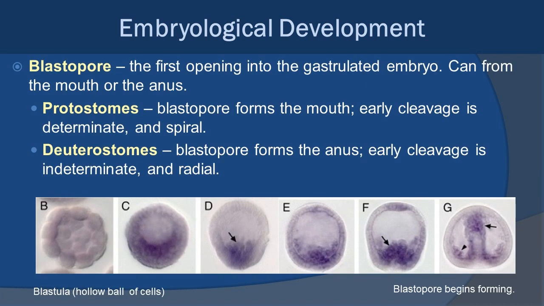Now we'll dive in just a little bit deeper. Let's label out a few things. The term blastopore refers to that first opening as the ball of cells invaginates and the tissue layers begin to form. That hole enters into kind of a hollowed out area within the ball of cells that eventually becomes the digestive tract. So that hole is a blastopore.